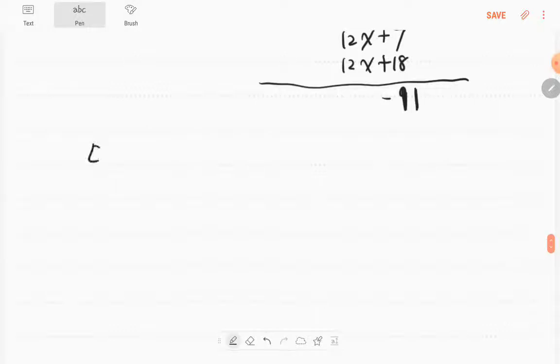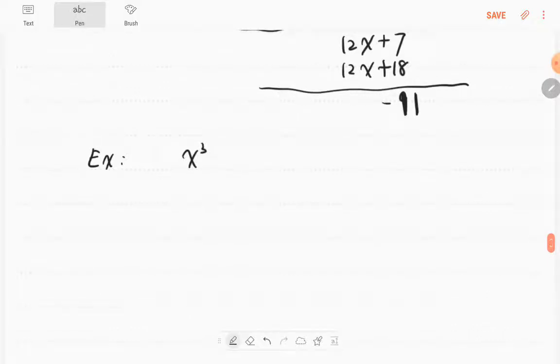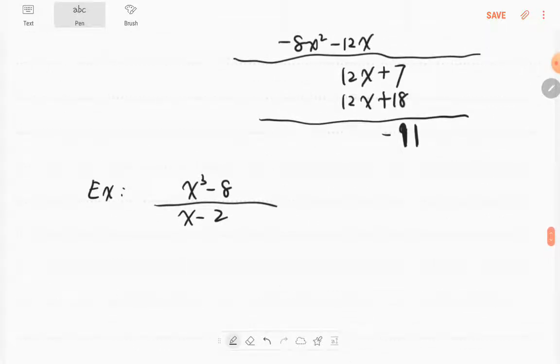Okay, so let's check one more. So when we start our long division, we always need to check for the dividend if there's any missing term. Okay, so the degree of this polynomial is 3.